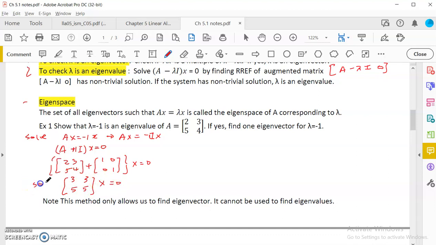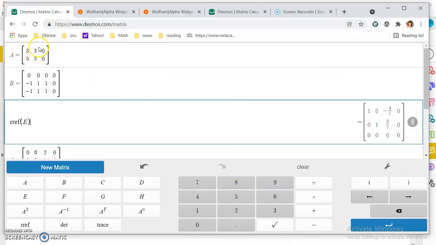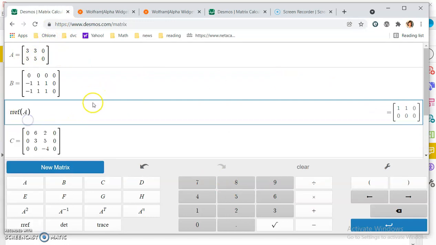So that means I'm going to solve this. How do I solve this? I would use the augmented matrix 3, 3, 0, 5, 5, 0. Do RREF. If I RREF it, it becomes 1, 1, 0, 0, 0, 0.